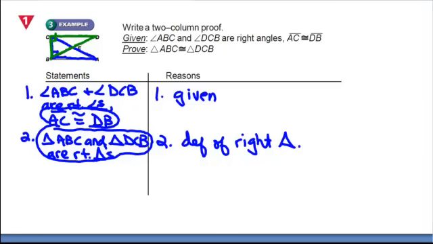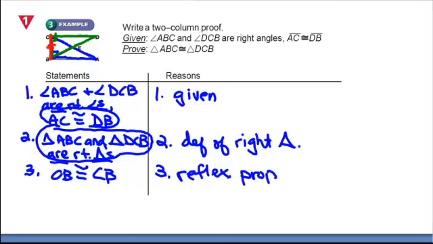And you can clearly see they have what we call the common side. I can mark this congruent, and I need to just state it in my statements. So I can say that segment CB is congruent to segment CB, and the reason is reflexive property. This is the third piece that I need to say that my triangles are congruent.